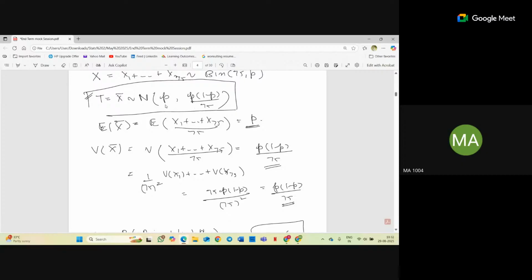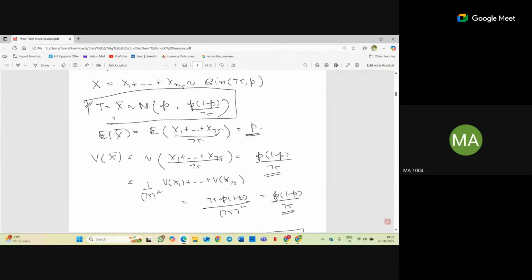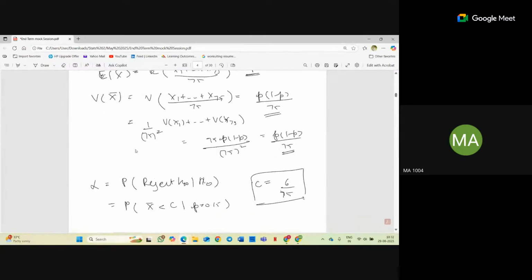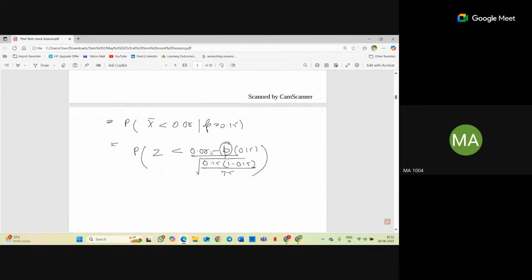That's why we are approximating it with a normal distribution, so that we can standardize this expression. Fine? Actually, here we placed the standard deviation, not the variance. We used the under root, right? Standard deviation, yeah.